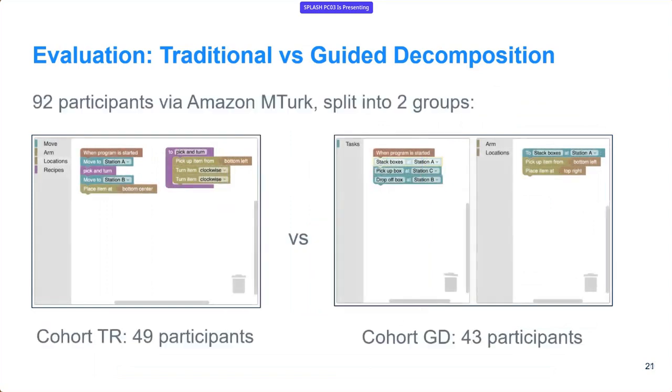We used Amazon mTurk, recruited 92 participants, and randomly split them into two groups, so we have a controlled experiment setup: one group uses the traditional environment and one group uses our guided environment.